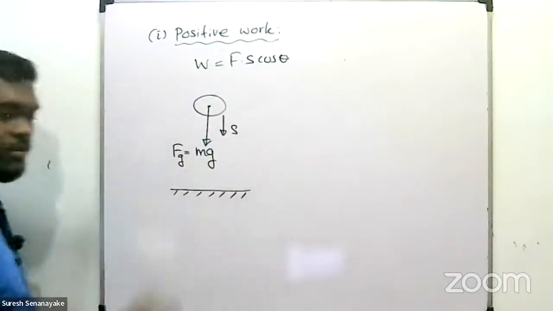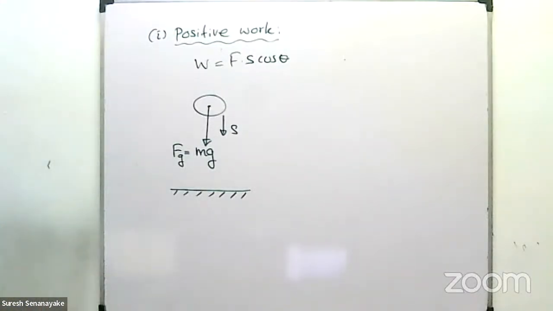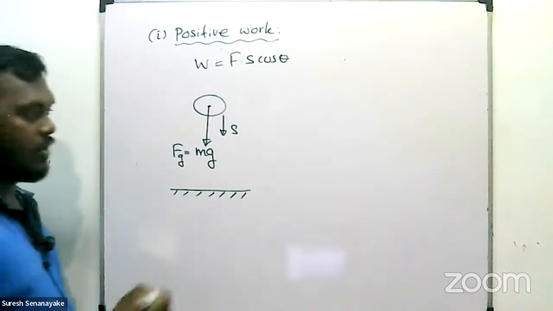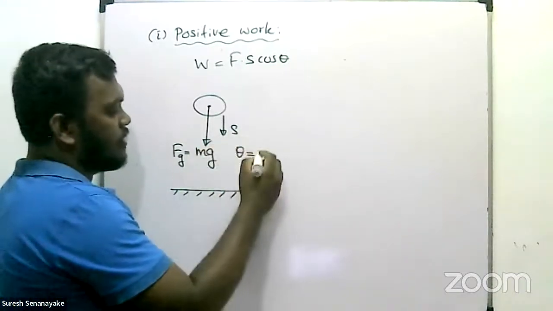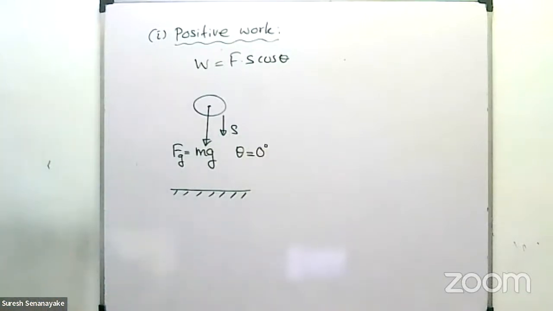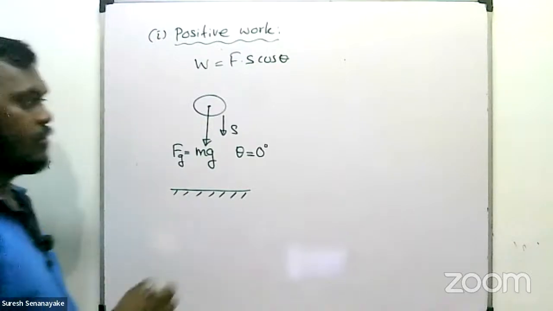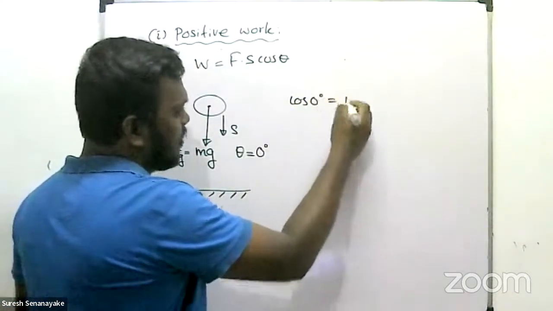When it falls down, it's going in the direction of the force, in the same direction, because it's free falling. In this case, the angle theta between the displacement and the force is 0, so cos 0 is equal to 1.